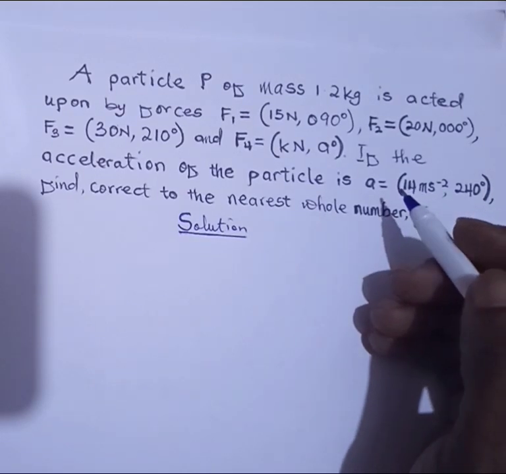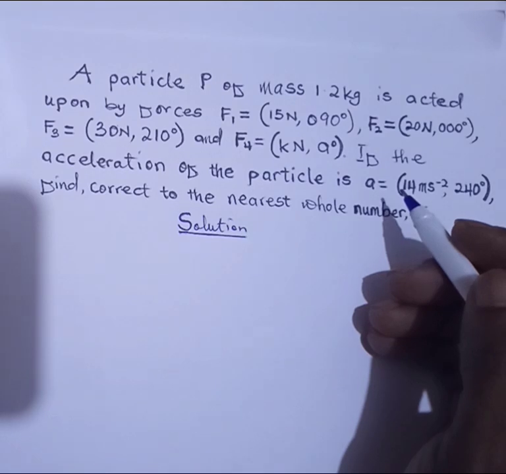F2 also giving us 20 Newton in the direction of 0 degrees. F3, 30 Newton in direction of 210 degrees. And the last force, which is F4, giving us K Newton in the direction of A degrees.